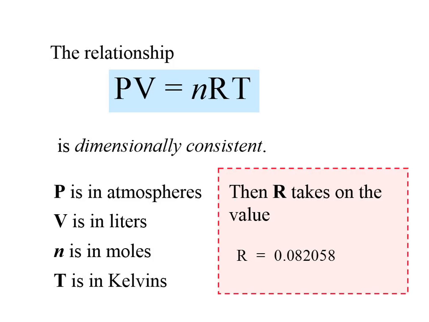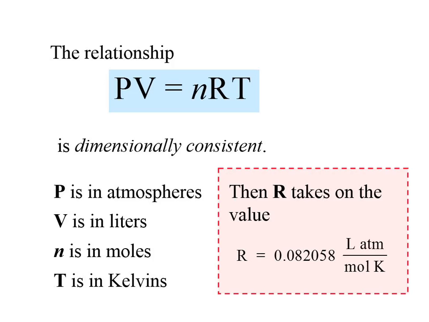I was getting ready for today's lecture and I looked online and there's a website where you can have values of R, just anything you possibly want. But if your pressure is in atmospheres, that's going to be the value. If your volume is in liters, that's the value. N, the amount, is the number of moles of gas particles, and T is in units of Kelvin.